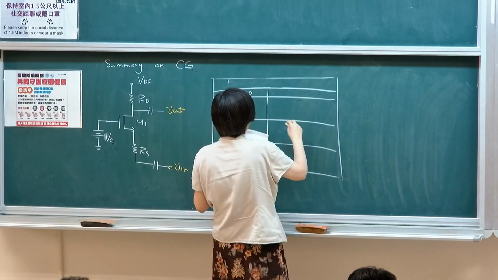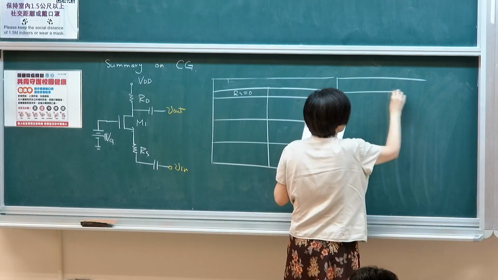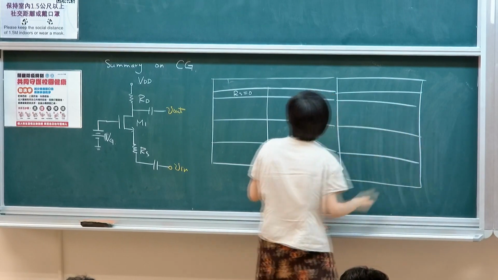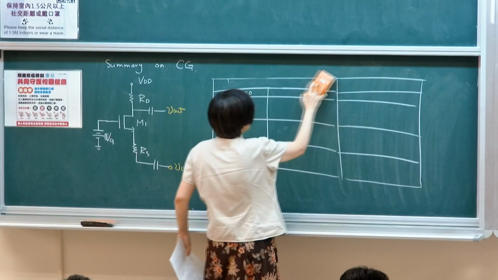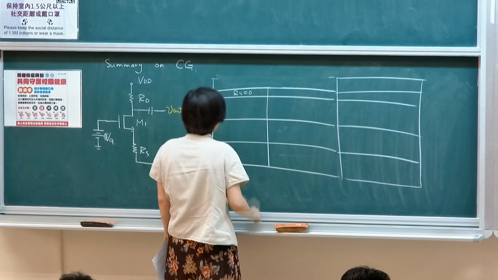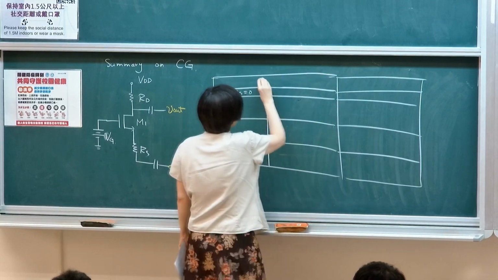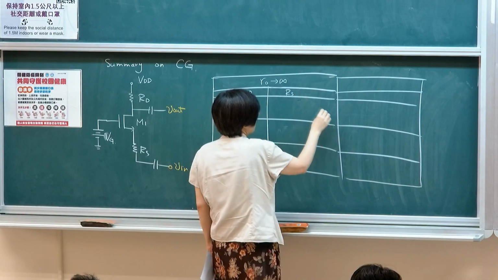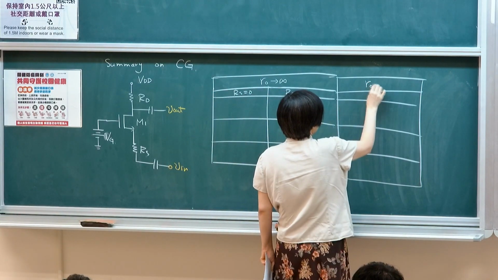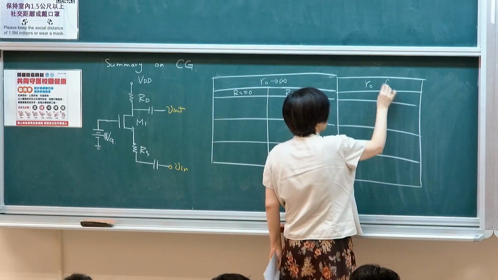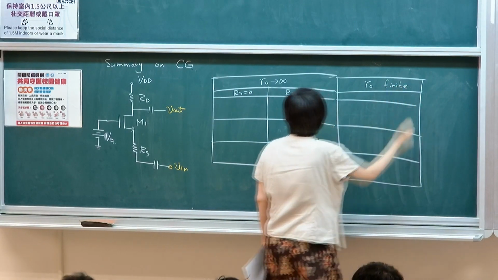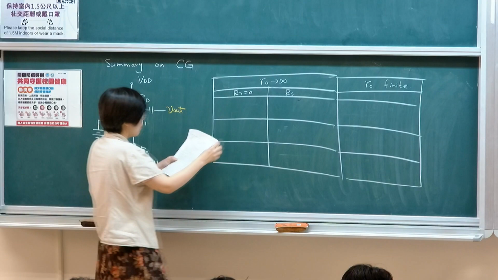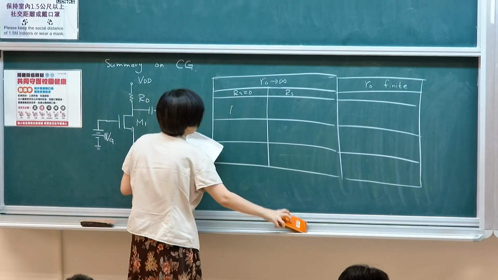So two main categories: one is you assume RO is infinite, and whether there's RS. If you include RO, it's finite. We're going to talk about, of course, voltage gain, input and output resistance.